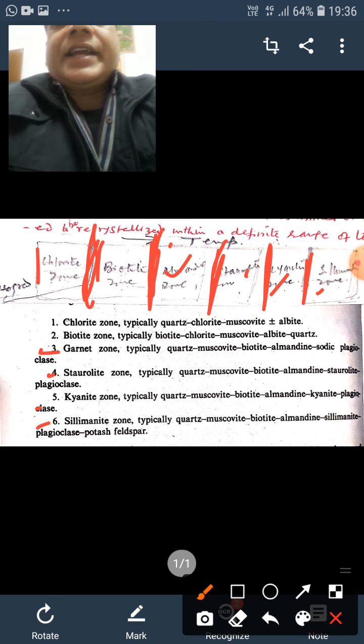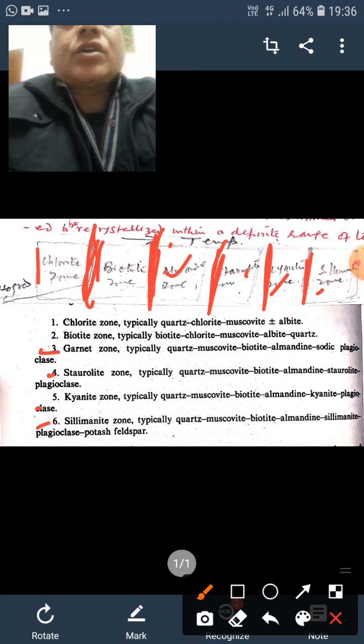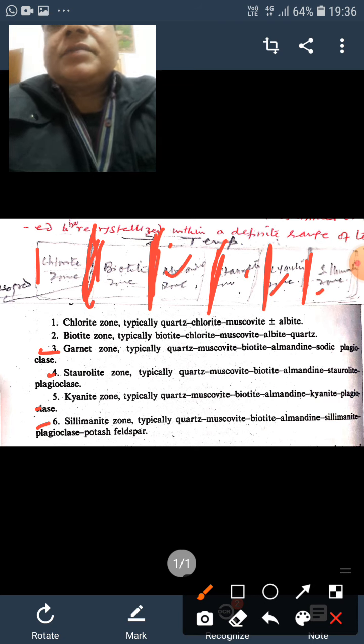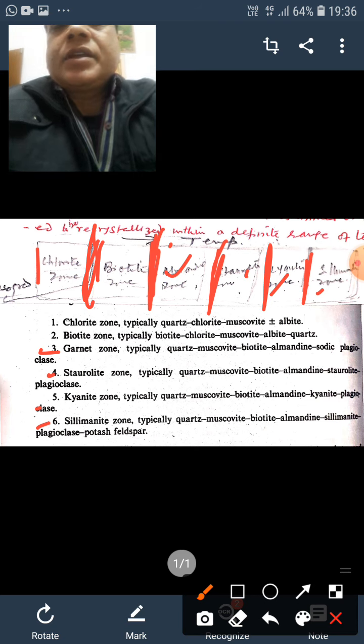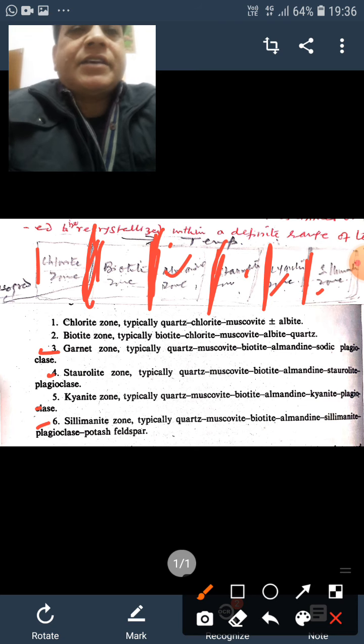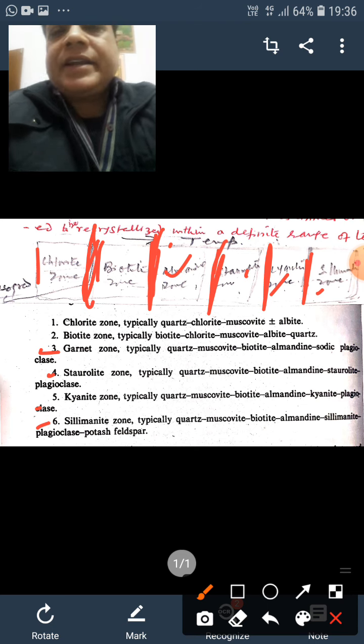The isograde is a line joining points where the rocks have suffered metamorphism under similar pressure temperature conditions. So suppose a rock has the same composition, then the isograde is a line joining points on the map where the rocks have suffered metamorphism under similar pressure temperature conditions.